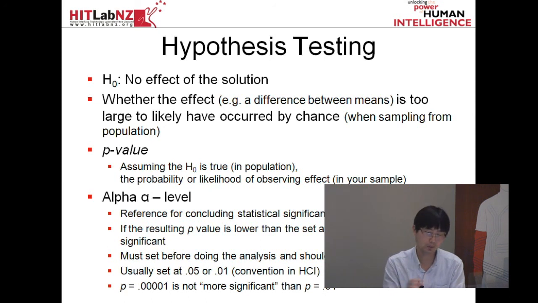So you can say both are statistically significantly different. But you're not saying one is more significant than the other. You don't use that kind of description, although the values are different. You only say if it's significant or not. So it's true or false rather than value. Okay.